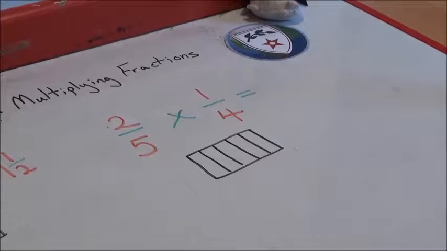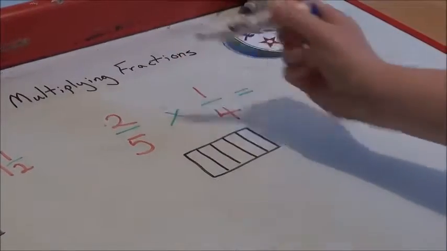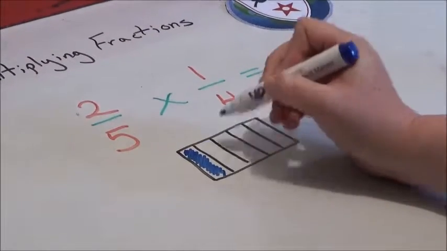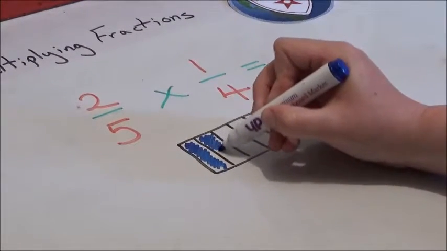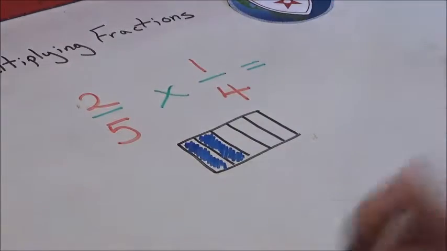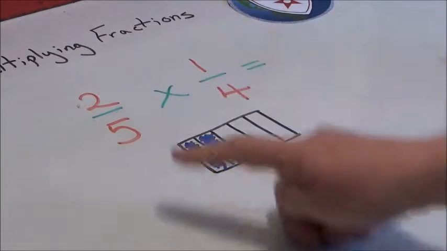And I'm going to use blue this time to colour in how many pieces I'm looking at. I'm looking at 2 pieces. Okay, I'm going to use an overlay for the next bit because what we're saying is we need to multiply this fraction here.